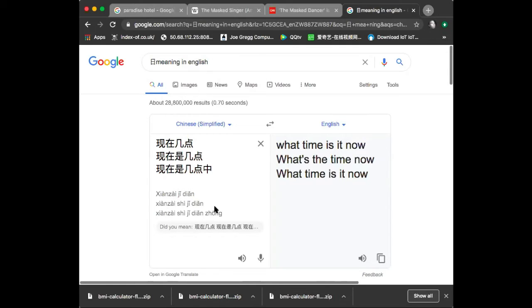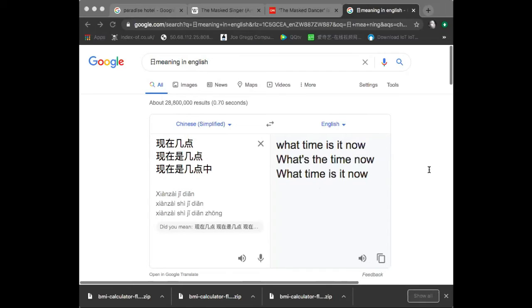So we're saying 现在 how many points, how many o'clock. That's how we ask for time. And then we do the same. So it's actually something similar.